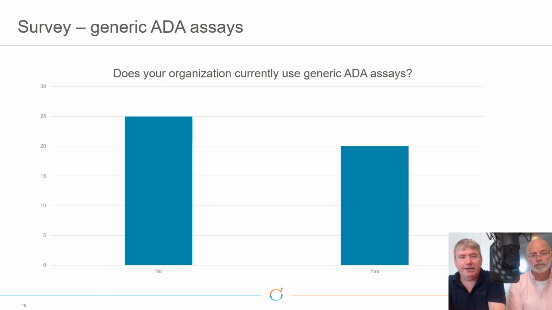And you can see here that approximately 40% are currently using generic assays, but the slight majority don't use generic assays, or use drug-specific assays. Yeah, I think that probably mirrors my experience. The majority of the people that we've worked with, I would say, are using a drug-specific assay in the preclinical space. Yeah, I agree.